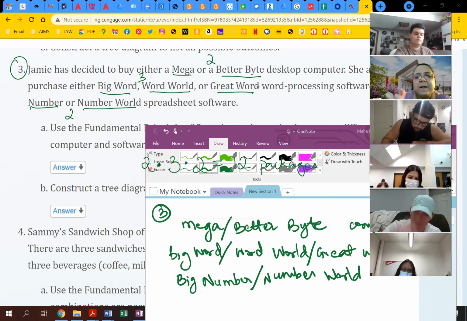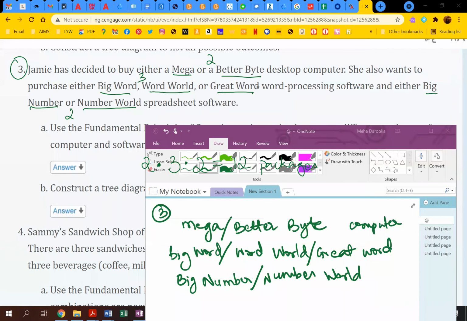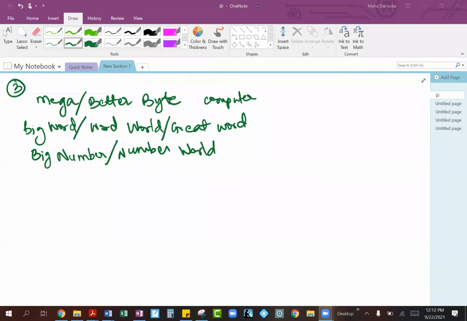Thank you. So the way your tree diagram is going to work over here, guys, is basically kind of like you saw with that jeans example, and let's get rid of this other stuff here. So you start with your starting point, and you start with the 2 computers that we have.